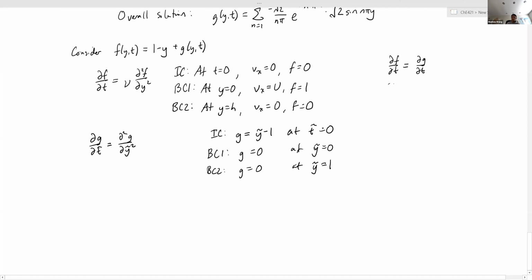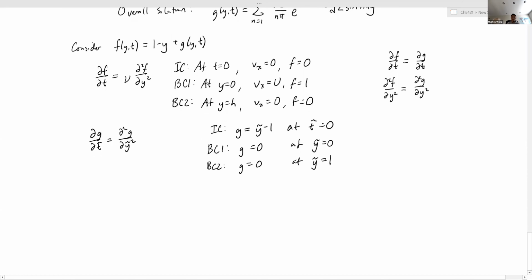And d squared f dy squared is just equal to d squared g dy squared, right? Because the second derivative of 1 minus y is just equal to 0. Okay?